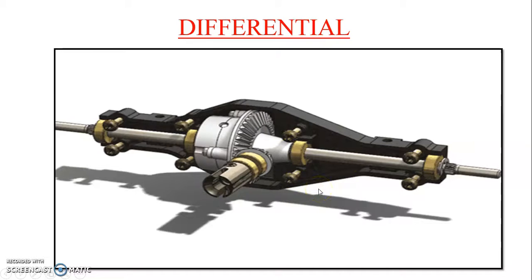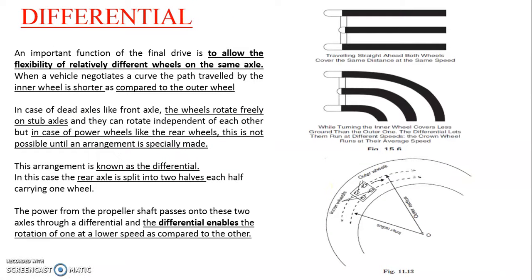Now we will see the important function of the differential. Suppose the vehicle is traveling in a straight path, then both wheels, front wheels and rear wheels, inside and outside, travel the same distance with the same speed.